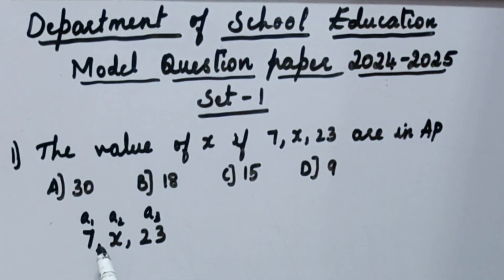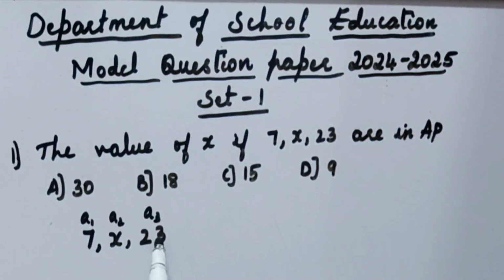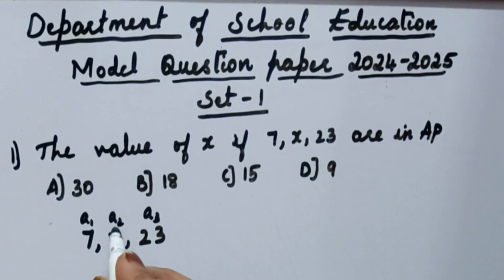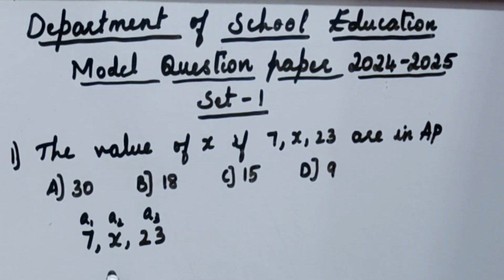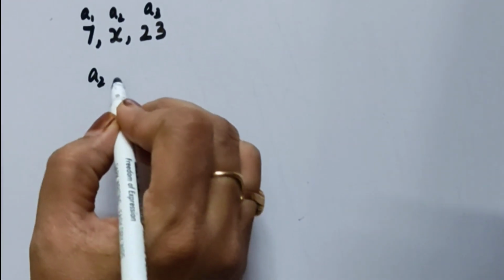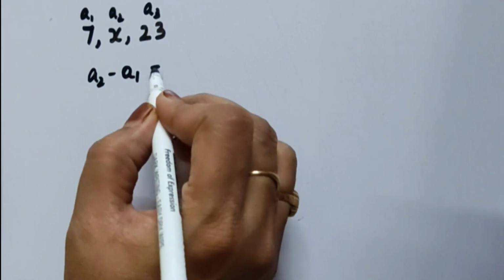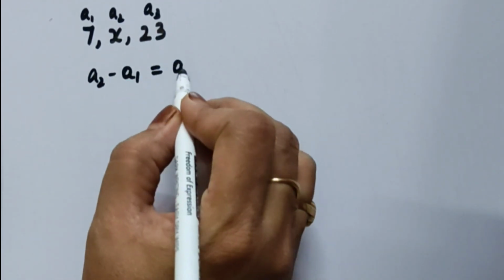Now we know the common difference. The difference will be a2 minus a1 and a3 minus a2. We will be having a common difference. Now the difference is a2 minus a1. I'll write here a2 minus a1 equals a3 minus a2.